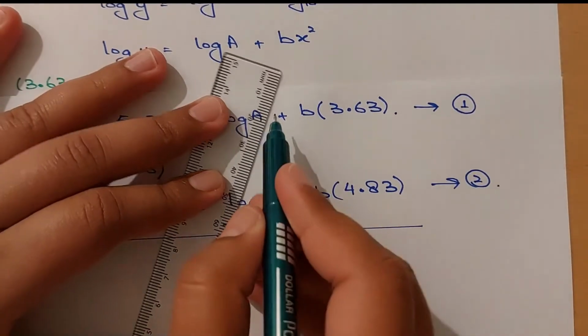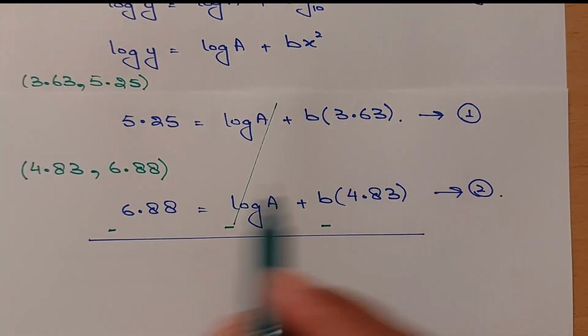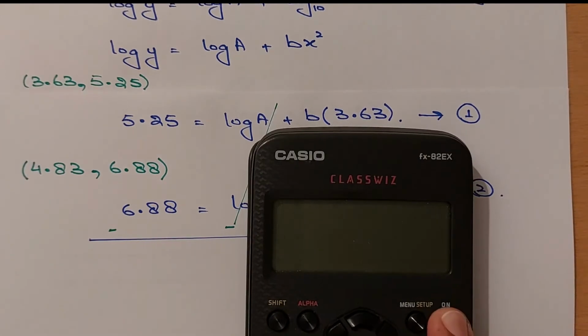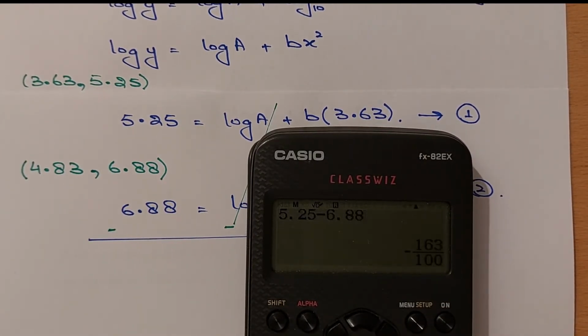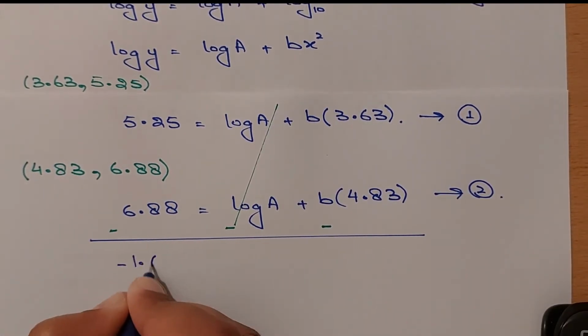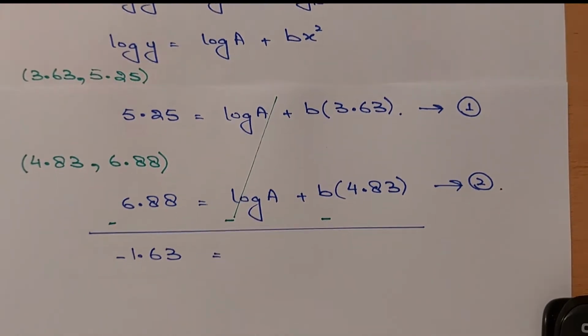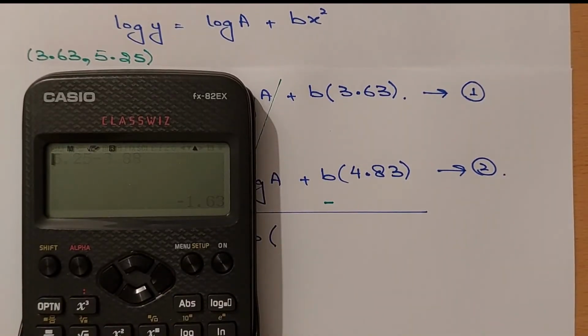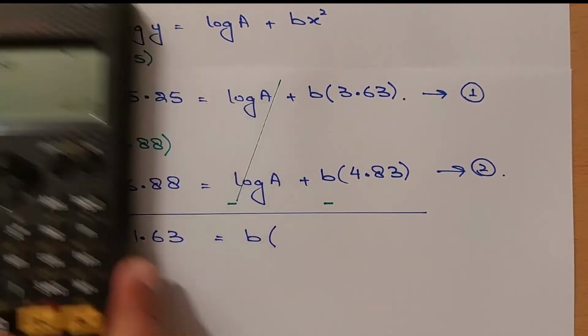Subtracting, we cancel log a and log a, positive and negative. So here we have 5.25 subtract 6.88, that is minus 1.63, and this equals b into 3.63 subtract 4.83, that is minus 1.2.